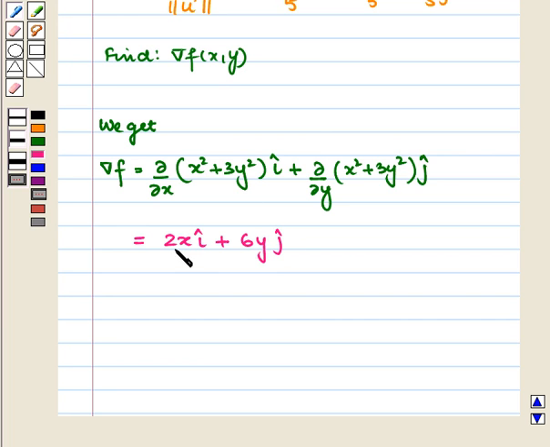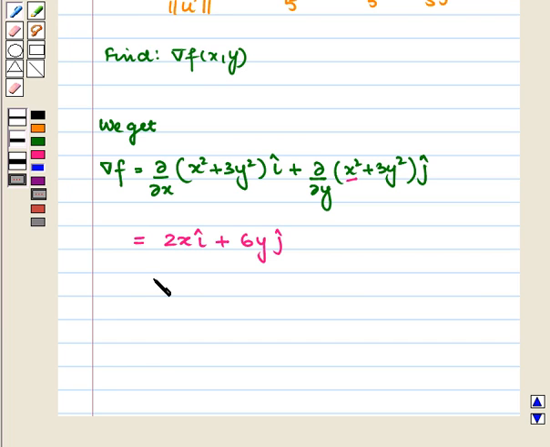As 2x is the partial derivative of x square plus 3y square with respect to x, here we keep y as constant, and 6y is the partial derivative of x square plus 3y square with respect to y. Here we keep x constant.